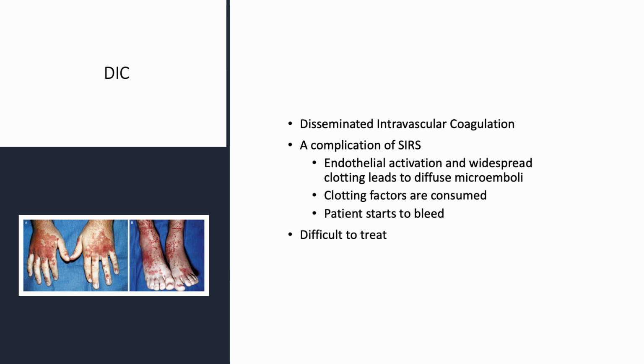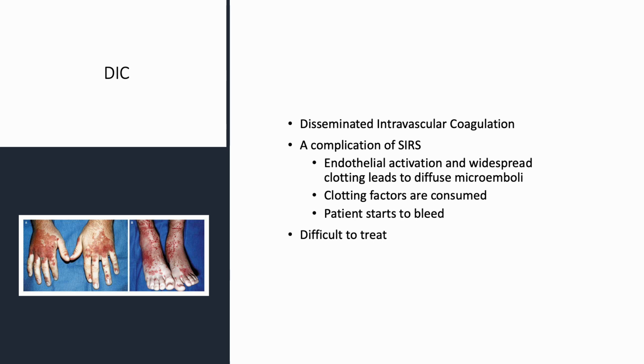These microemboli block blood flow to organs, worsening tissue perfusion. As clotting continues, the body's supply of clotting factors and platelets becomes depleted. So that then leads to bleeding. Once clotting factors are exhausted, the patient begins to bleed from multiple sites, such as IV lines, mucous membranes, etc., even though clotting was initially excessive.